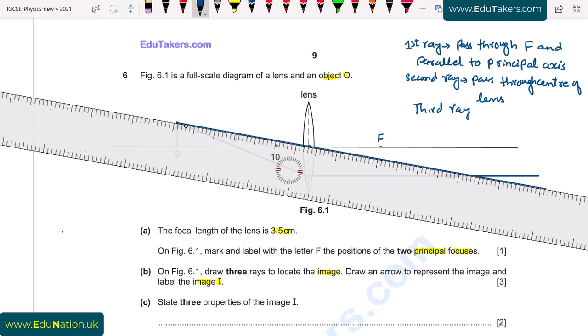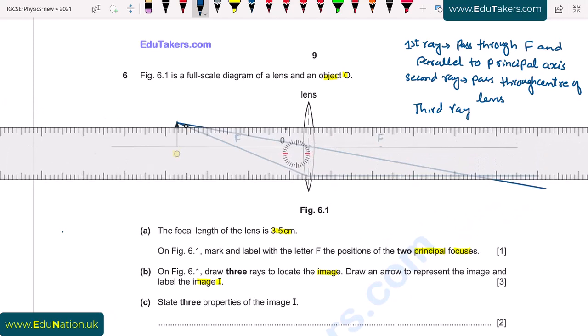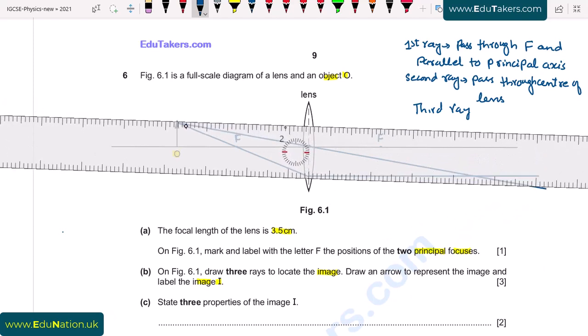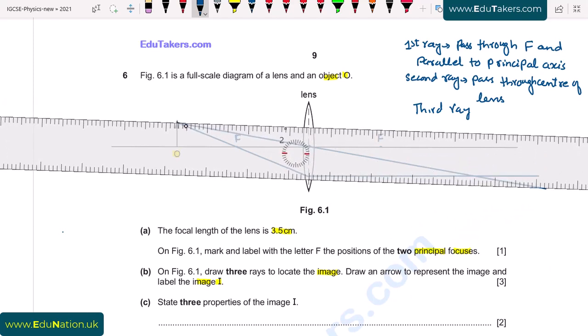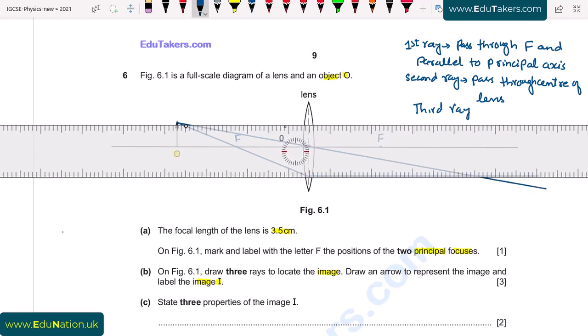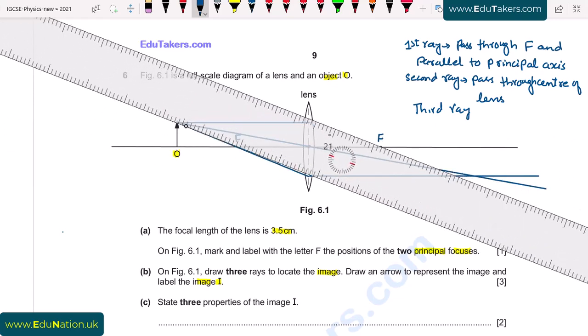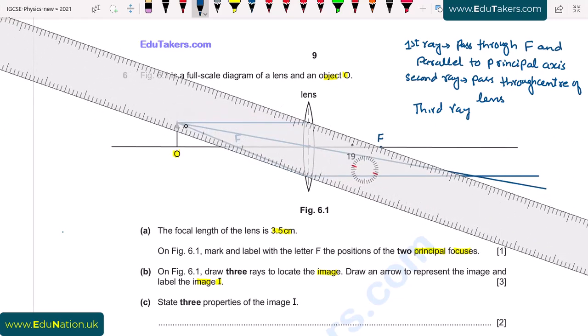Third ray is that, first of all, it is parallel to the principal axis, and then by refraction by this lens, it passes through the focus point.